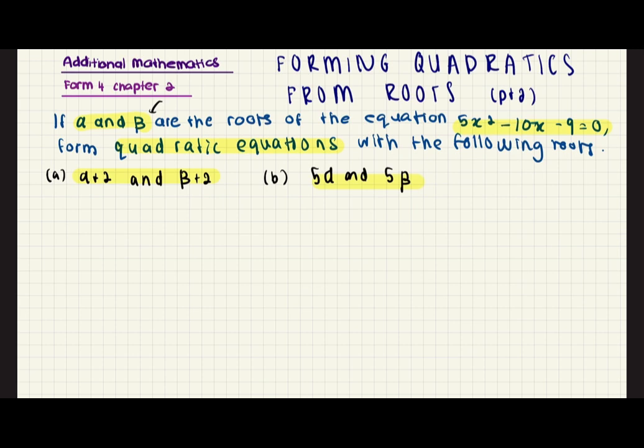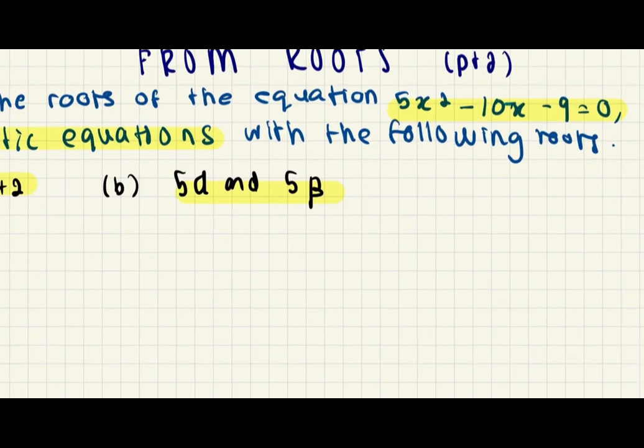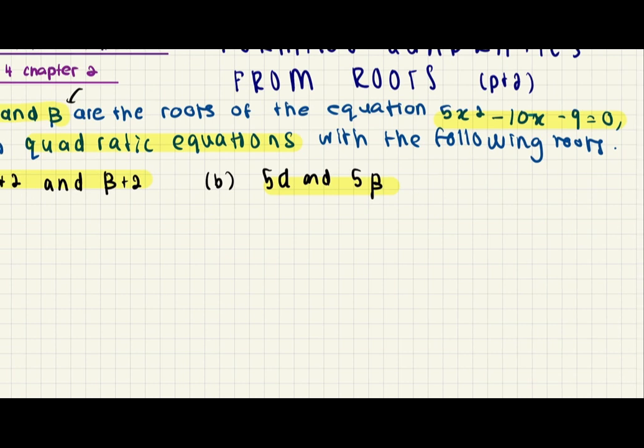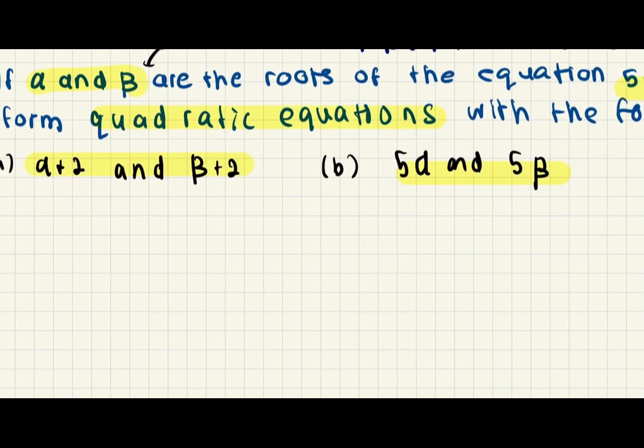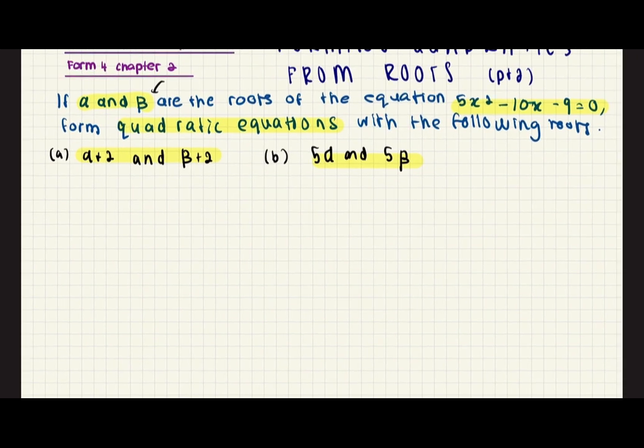So first, before doing any questions, look here. What you're going to have to do is find alpha plus beta and alpha times beta. So you're going to use the formula I told you: x squared minus SOR x plus POR equals to 0.